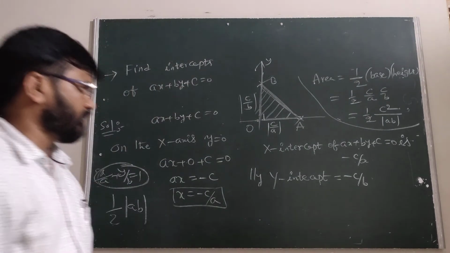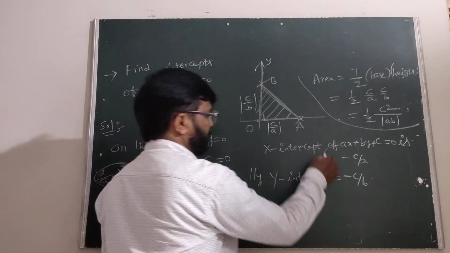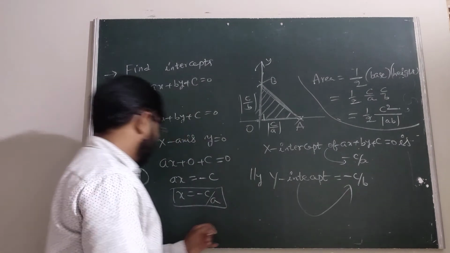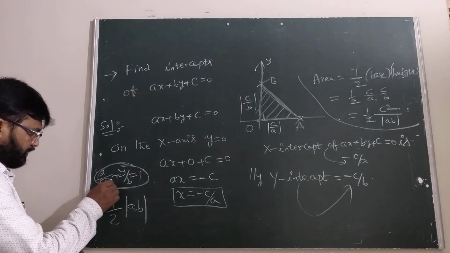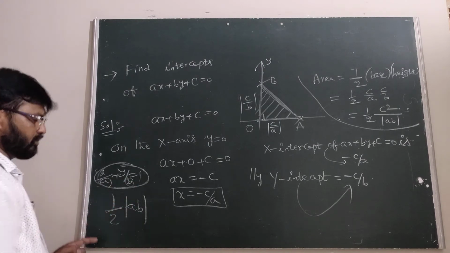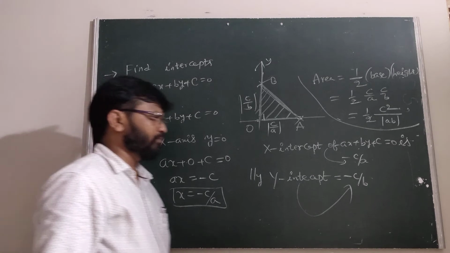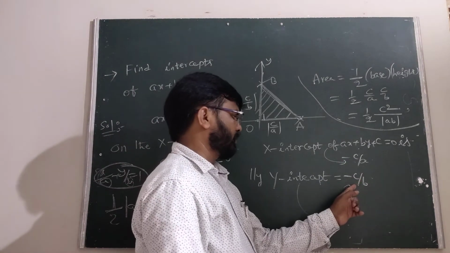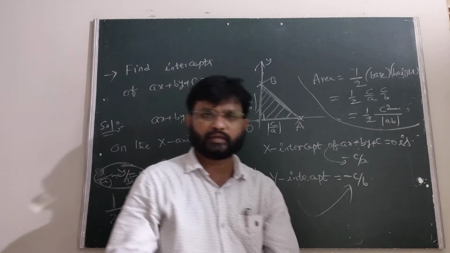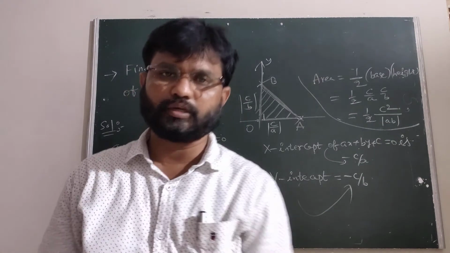To find this, first we have to find the x-intercept, minus c by a, and the y-intercept, minus c by b. Here the x-intercept is a, y-intercept b, so you can write directly half modulus of AB. When the x-intercept is minus c by a and this is minus c by b, now multiplication of these gives c square by AB. The area is always positive. Okay.